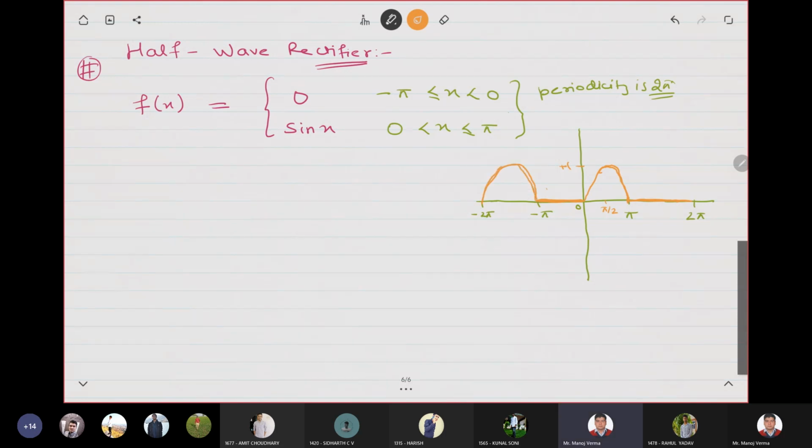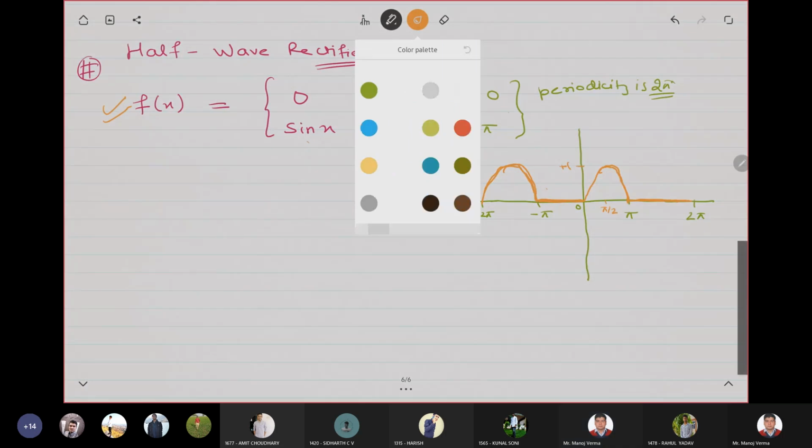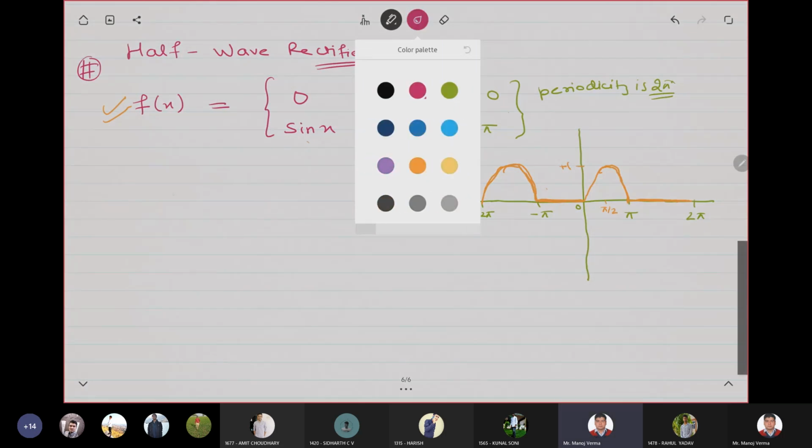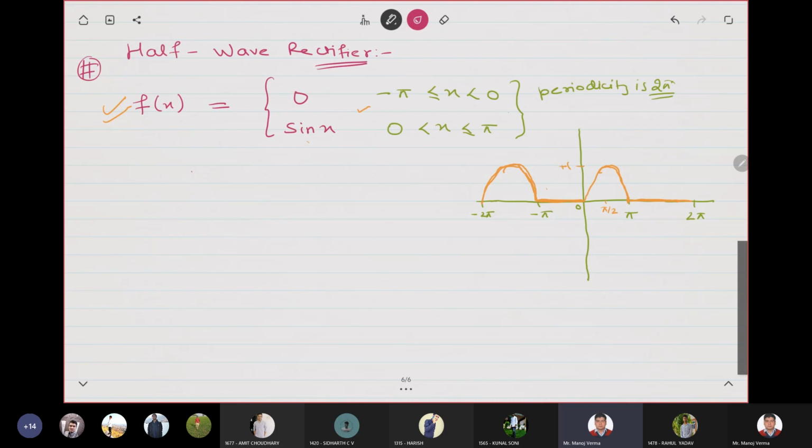So as you can see, this definition of the function is giving us the output of a half wave rectifier. If we find the series expansion of this function, then we can obtain the half wave rectifier output in terms of trigonometric functions.